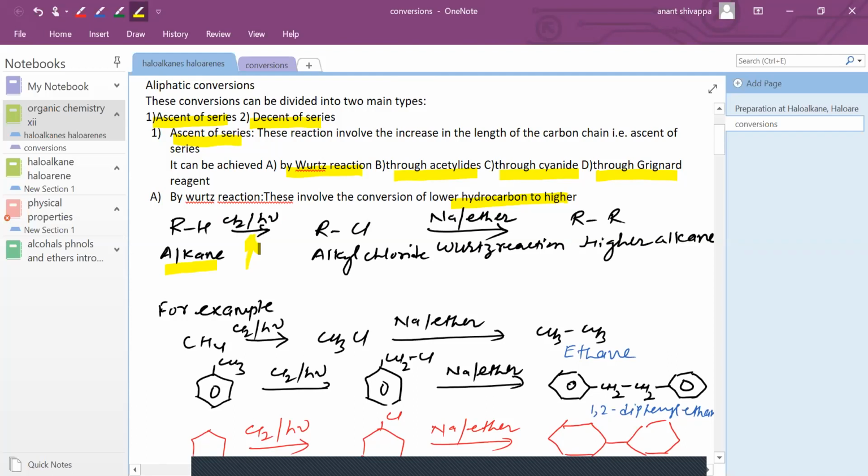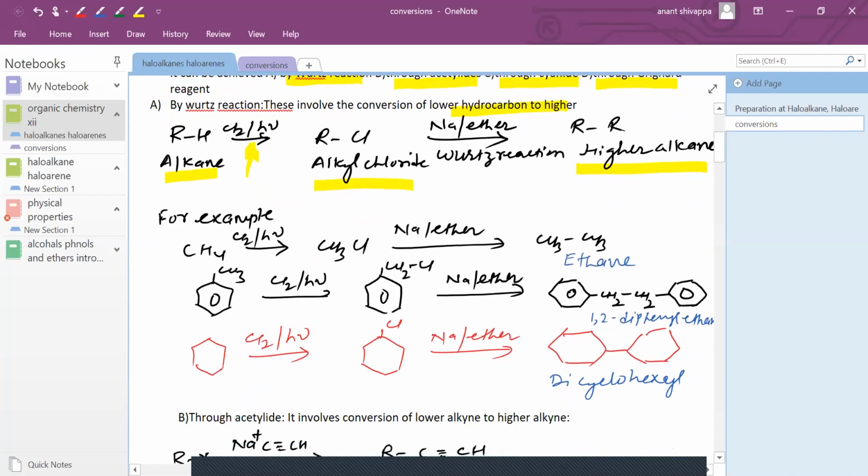Alkane is converted into alkyl halide with chlorine in the presence of UV light, and this alkyl halide is the starting material for the Wurtz reaction. In the presence of Na and ether, two molecules of alkyl halide are converted into higher alkanes. NaCl is removed and R-R is connected, so you will get higher alkanes.